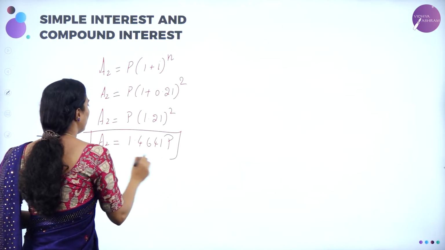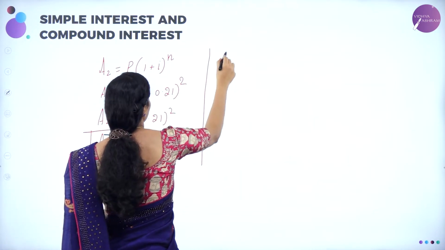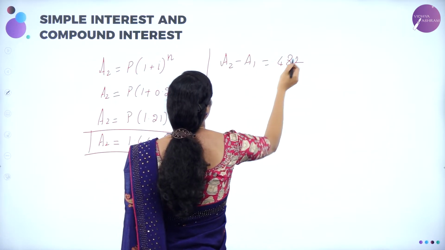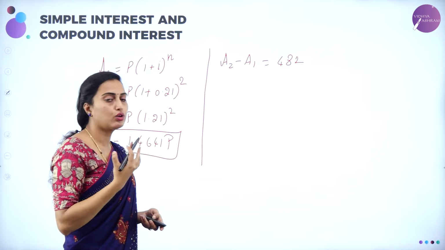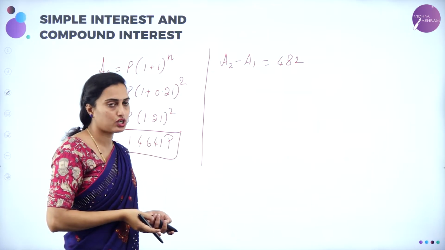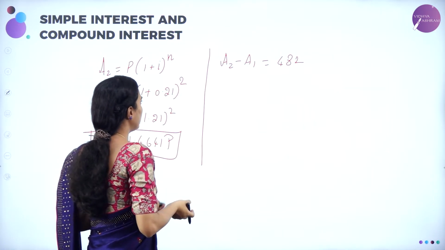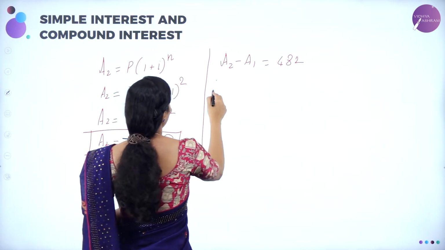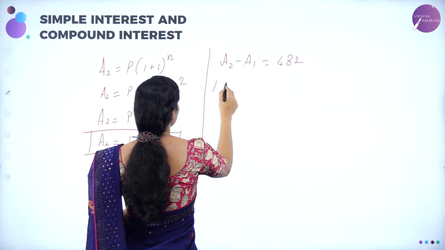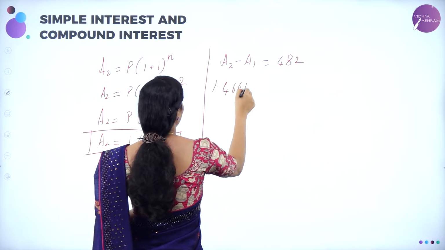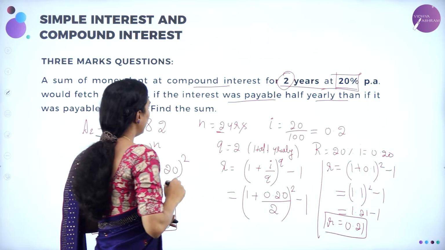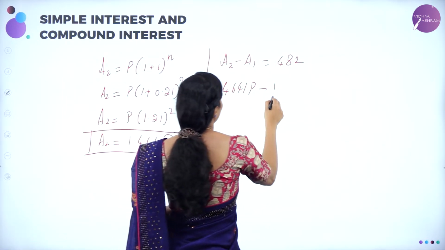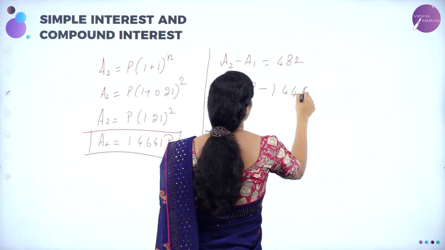Now we know that A2 minus A1 gives you 482, as we have written. This is also given in the textbook as a hint. So A2 minus A1 is 1.4641P minus 1.44P.